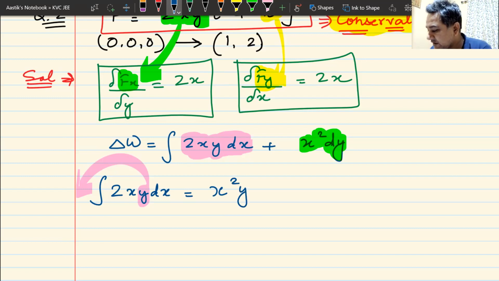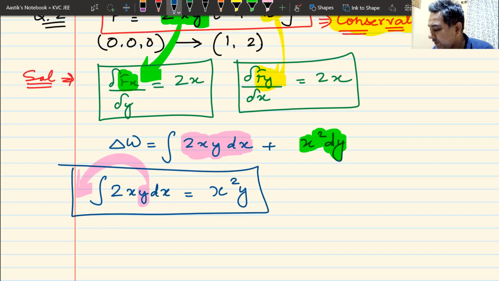Do we understand this? I have assumed y is a constant, y comes out. 2 is a constant, 2 comes out. The integral is only x dx. Forget about the constant terms. So the integral of x dx is x squared by 2, and the two 2s cancel out. My integral of this entire thing is x square y.